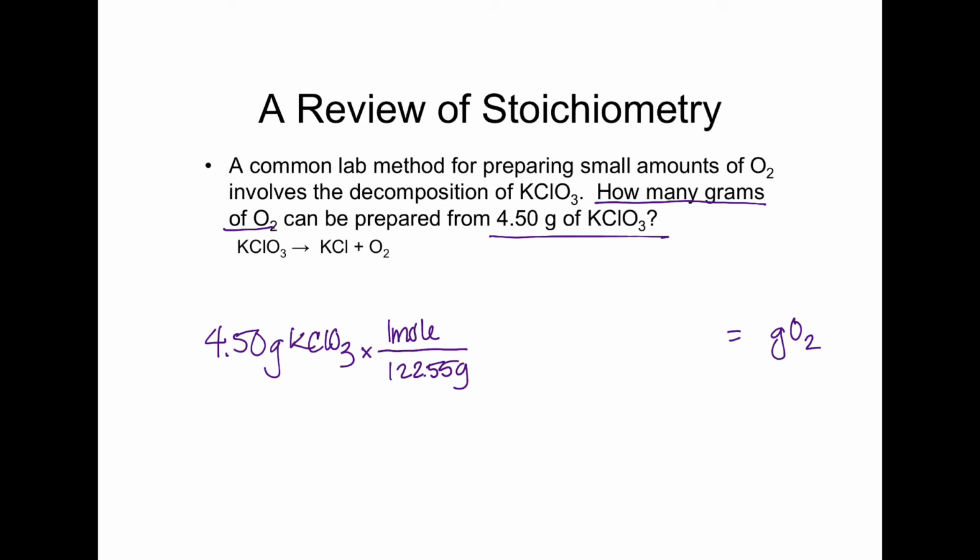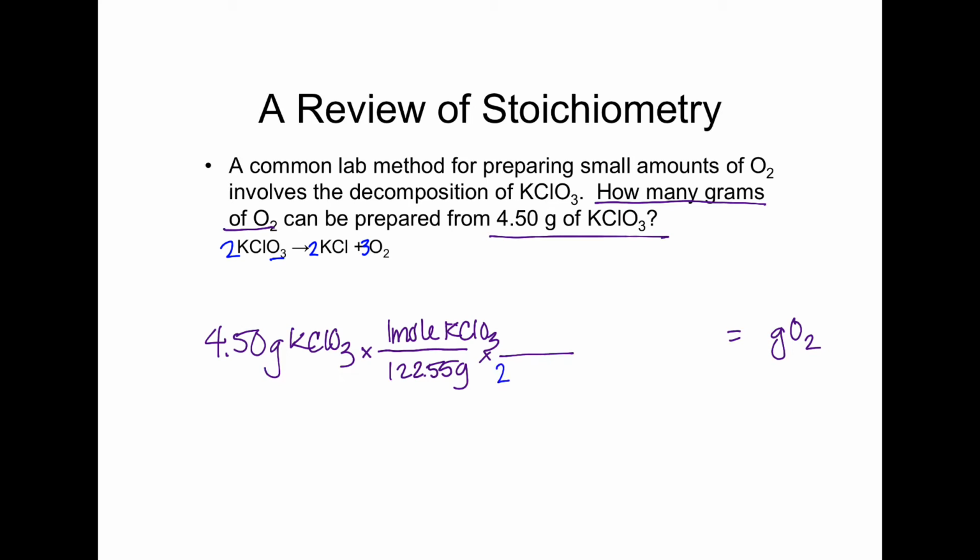And I was just about to go on to my mole-to-mole ratio, and I was looking up here at the balanced chemical reaction, and I realized that it's not balanced. So let's do that. Let's see, I have 3 oxygens on this side, so I need to do 6 on this side. So that would mean a 2 here and a 2 there. Okay, so now I can use those coefficients.